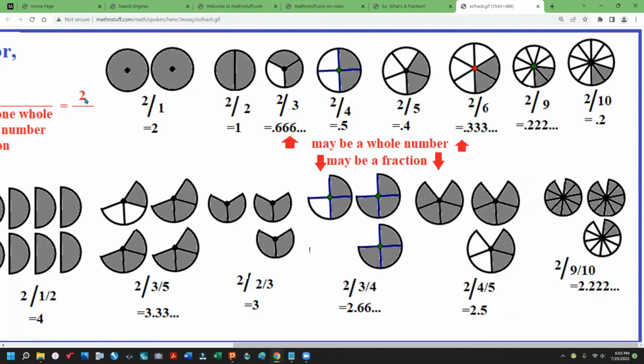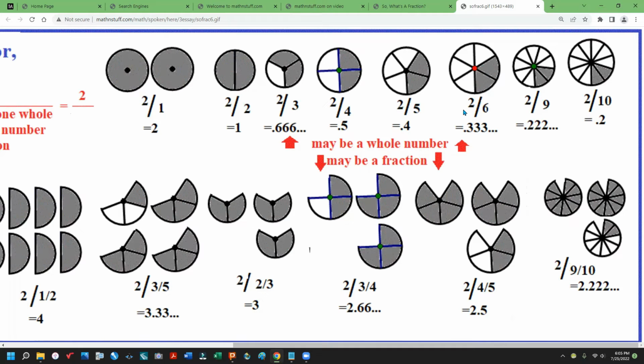Here we're talking about 2 wholes and some denominator, some number of pieces in 1 whole. Here it's 10 pieces, we get 2/10. Here there are 9 pieces, 2/9.